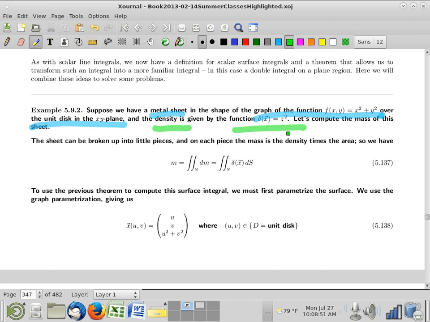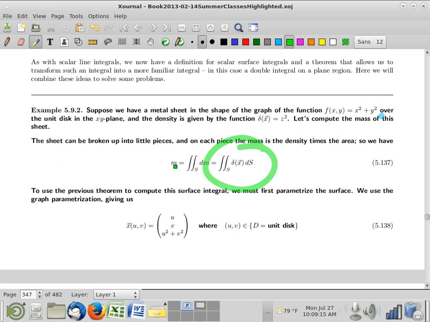Okay. So, sequence of observations. First, we observe that mass accumulates. Total mass on this surface is the sum of the little masses when you chop it up. On each little piece, again, we've already talked about this. Mass is mass per unit area times area. Okay. So, here's that double integral we want to compute.